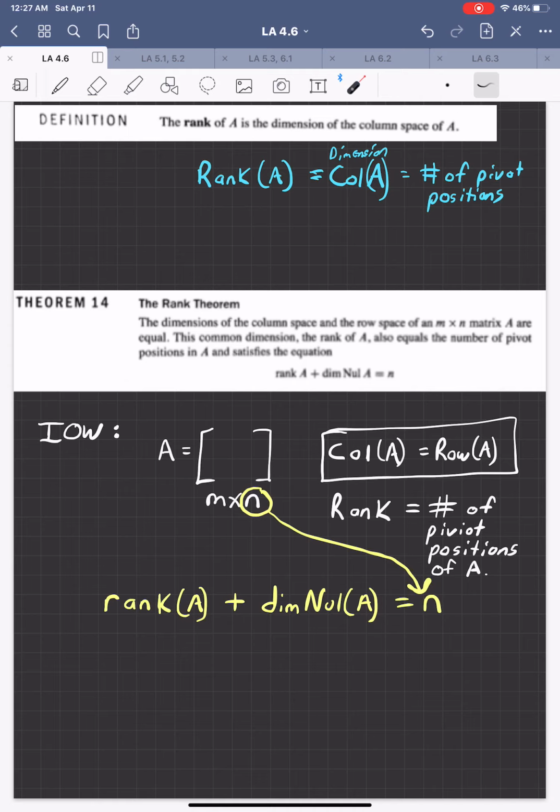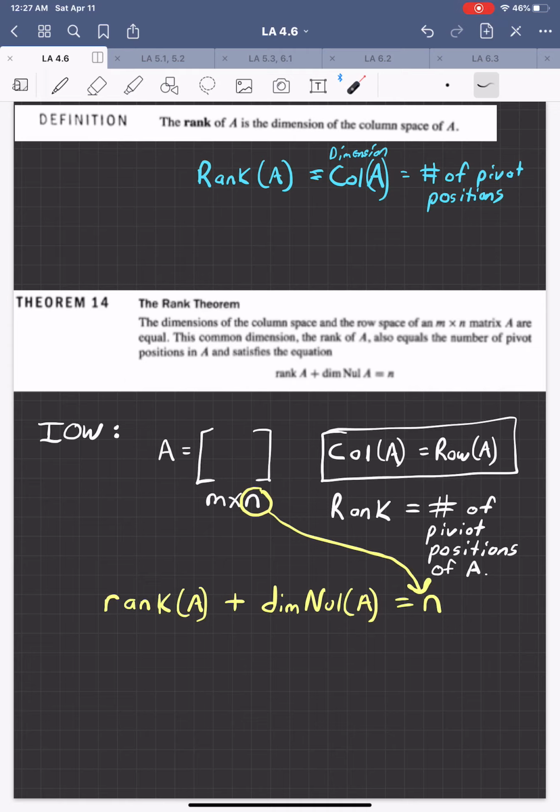So that's actually very helpful, and it's going to be helpful coming up in this next example. So the equation that we can build from that is as follows. The rank of A plus the dimension of the null space of A is equal to n.